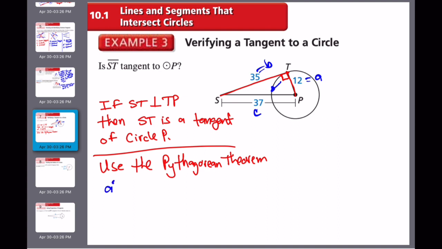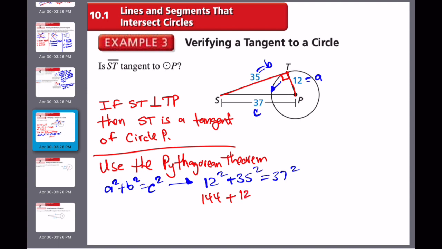So that means that A squared plus B squared equals C squared will become 12 squared plus 35 squared equals 37 squared. And 12 squared is 144. And you plug 35 squared into your calculator, you'll get 1,225. And then you plug 37 into your calculator, you get 1,369. And you say, do these two add up to be the same? And you get 1,369 is equal to 1,369.